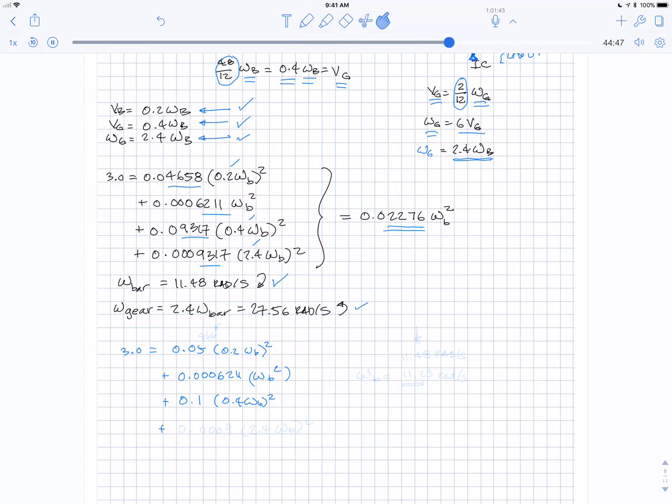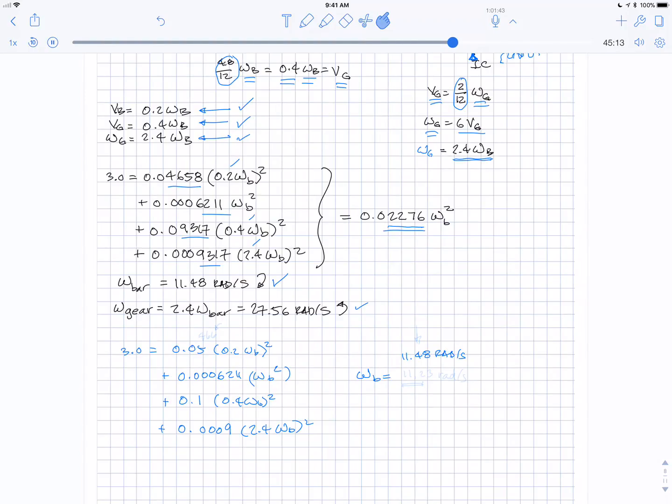And this one, you did that. Okay, I'm going to solve this, and let's see if you get close to the answer, which is supposed to be 11.48 radians per second. Okay, I'll be right back.